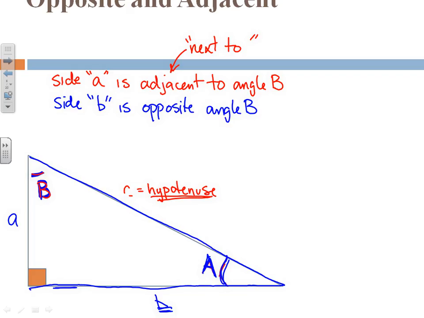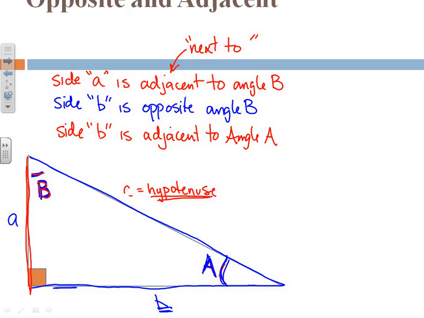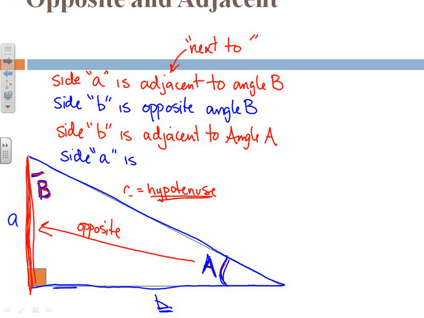So we say side b is adjacent to angle A. It's adjacent because it's next to it and helps make it up. And since side a is all the way on the opposite side over here of the triangle, then we say that side a is opposite angle A.